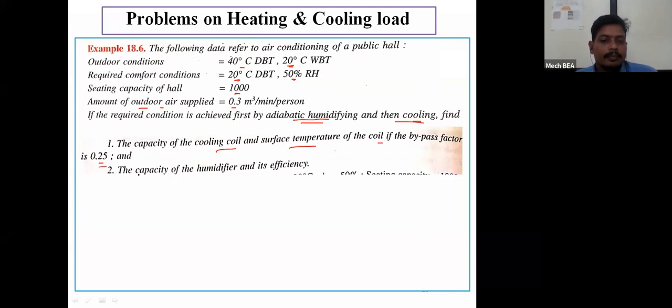And second thing, find the capacity of humidifier and its efficiency.